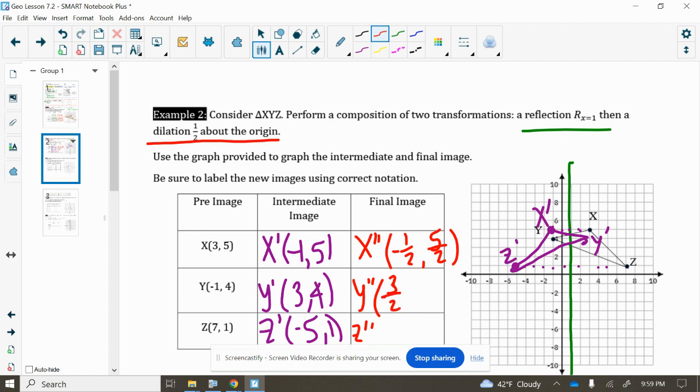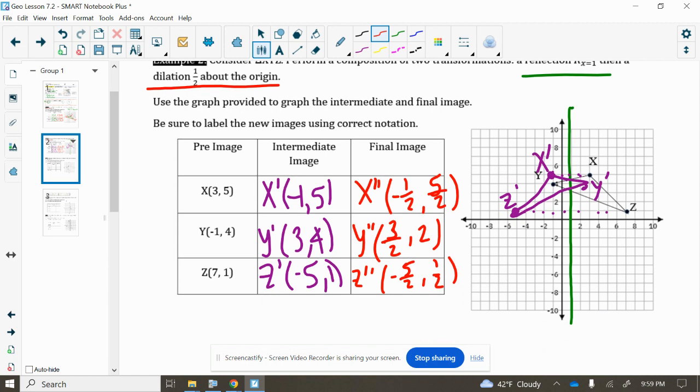So negative 1/2, 5/2, 3/2, 2, negative 5/2, and then 1/2. Now, if you put the decimal equivalents as well, side note, so negative 0.5, 2.5, that also works, 1.5, 2, or again, if you call this negative 2.5, 0.5, know that those are equivalent, whether they are fractions or decimals.